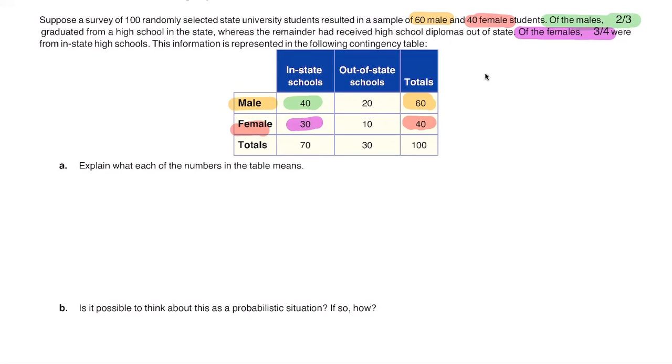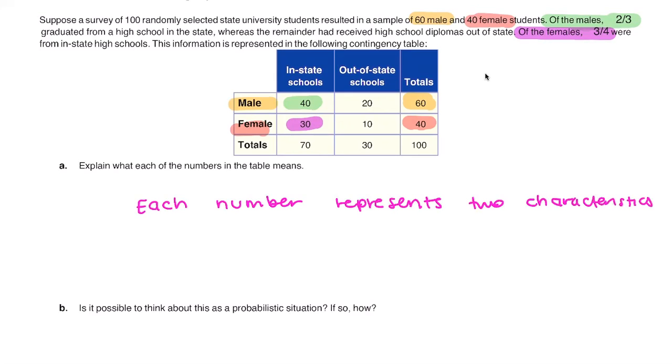We just talked about what all the different terms mean, but in general, I will just say that each number represents two characteristics of each student. So a student might be male and from an in-state school, and they would be in the green group of male and in-state students.